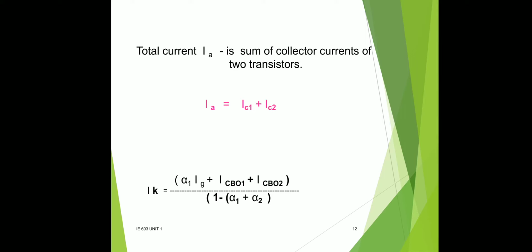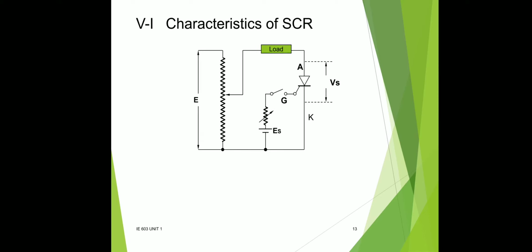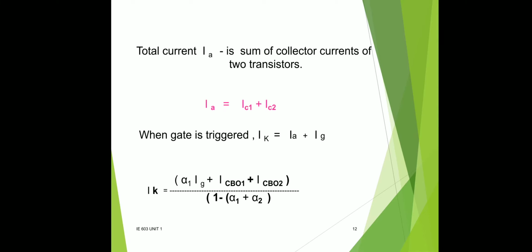The anode current is the total of the two collector currents, IC1 plus IC2. And what is the cathode current? Cathode current is the anode current plus gate current. This is about the two-transistor analogy of the circuit.